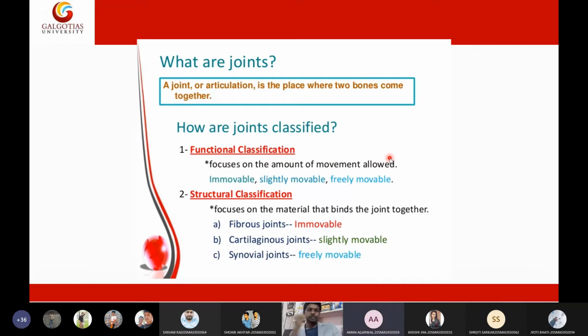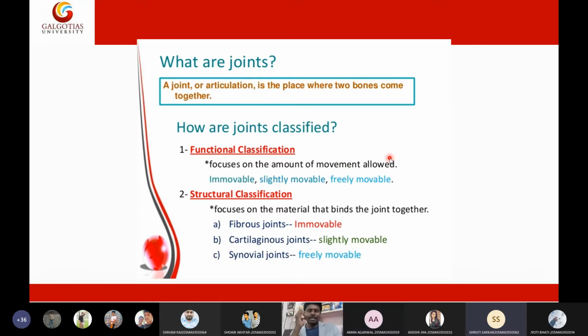Fibrous, cartilaginous, and synovial are the three types of joints. Depending upon their movability, classify them. Fibrous is immovable, cartilaginous is slightly movable, and synovial is freely movable.